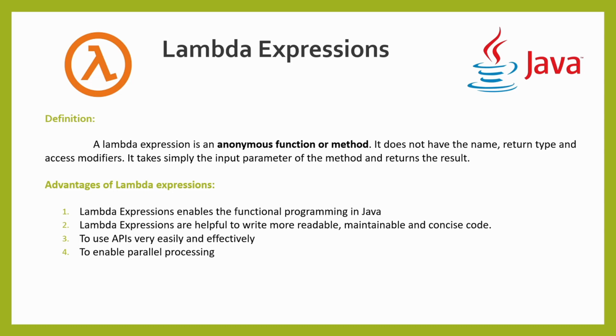The main advantages of lambda expressions are: it enables functional programming. It is very helpful to write more readable, maintainable and concise code. In the upcoming examples, we will see how you can write more readable, maintainable and concise code.